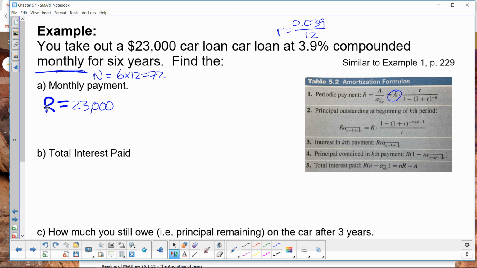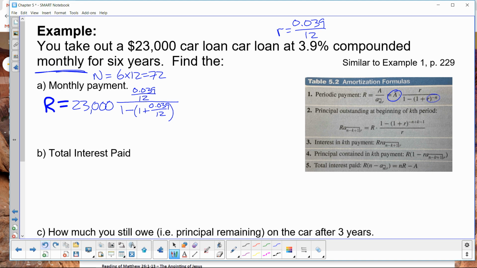All right, so going back to apply this formula here, I'm going to multiply that $23,000 by my R, which is 0.039 divided by 12. Now I'm going to divide that by 1 minus 1 plus 0.039 divided by 12, raised to the, notice, the negative in power.